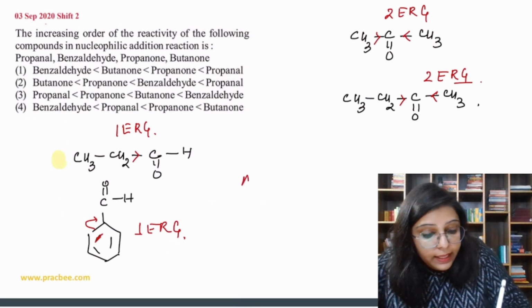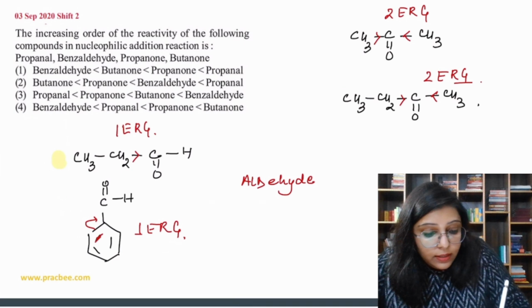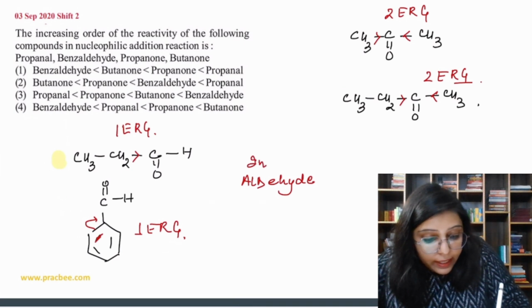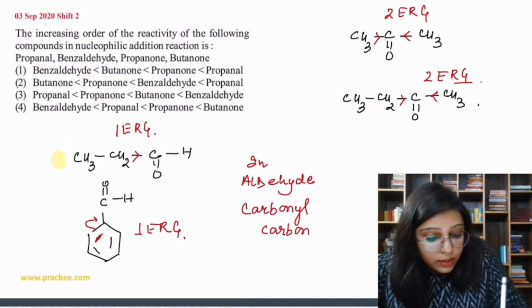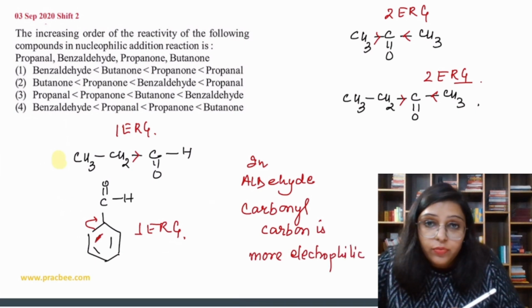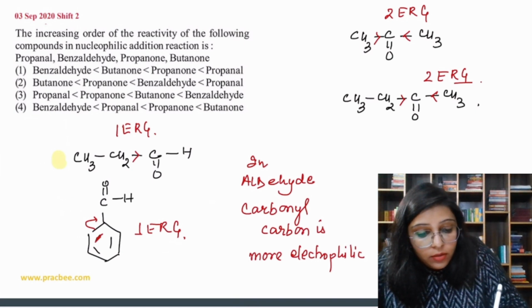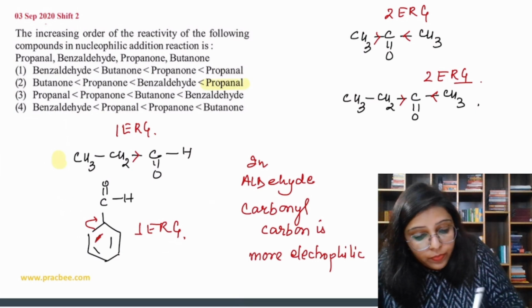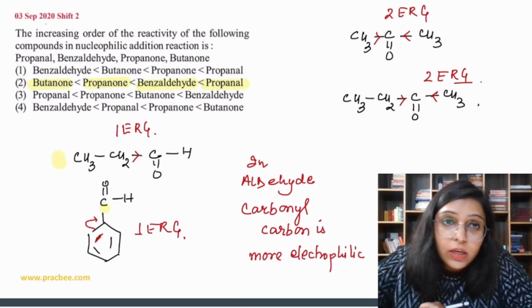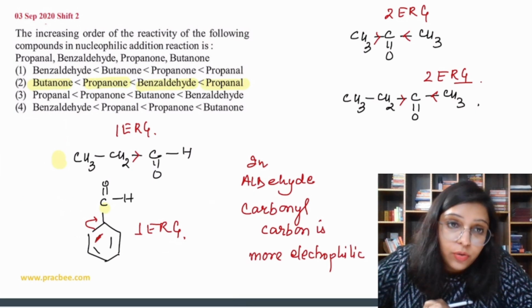Obviously in aldehyde the carbonyl carbon is more electrophilic. So first is going to be propanone, then we have butanone, then benzaldehyde, and then propanal. Is it clear?